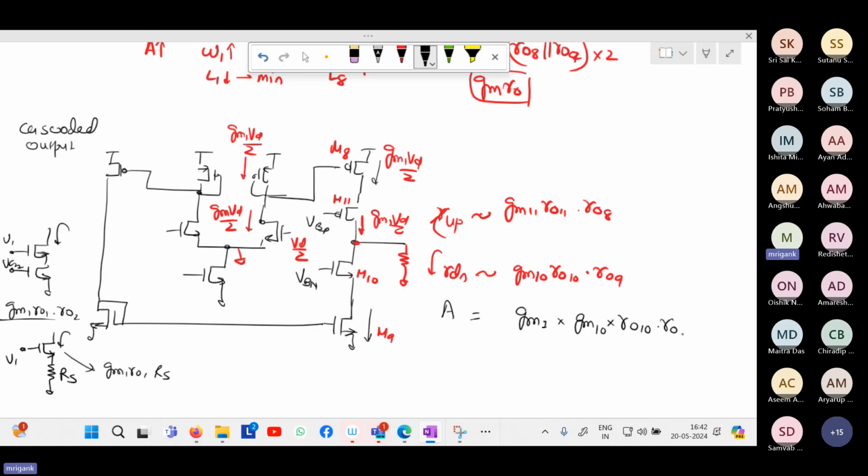So just in terms of order, assuming that we are just looking at the order of gain, gm1 times gm10, gm ro10 times ro9 or any one of them. So if I assume all are similar, this is gm ro square. So the order of gain becomes similar to what you were getting in the previous case.